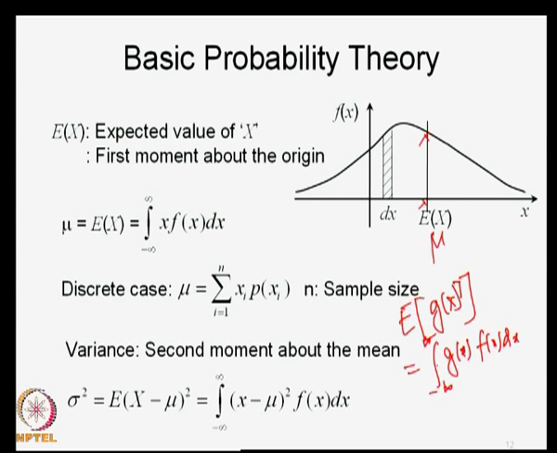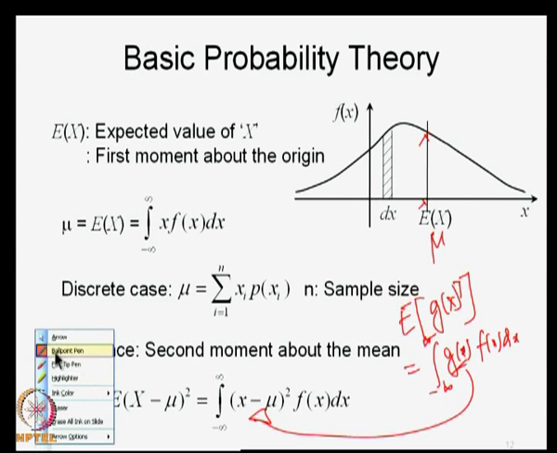For example, you look at the expected value of x, where the function of x is x itself. Therefore, this is x f of x dx. The expected value of x minus mu the whole square, where the function is x minus mu the whole square, is the integral of g of x f of x dx. So, the variance is written as the expected value of x minus mu the whole square.